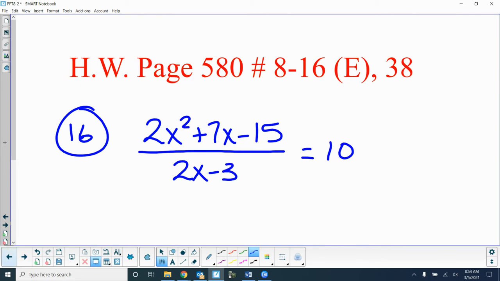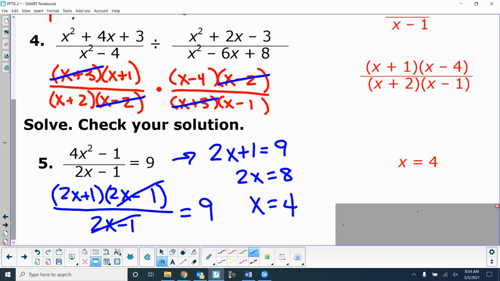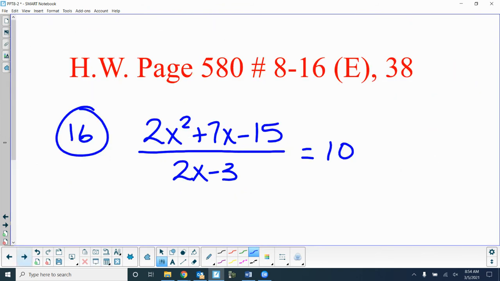So what I just got done saying about that 2x minus 1 is usually one of the factors, right? So the 2x minus 3 is probably one of the factors, right? Okay, so I'm going to check that. I'm going to say 2x minus 3 is one of the factors.